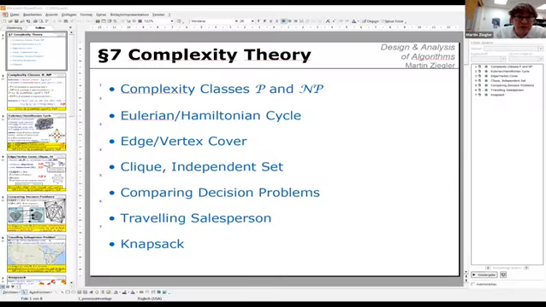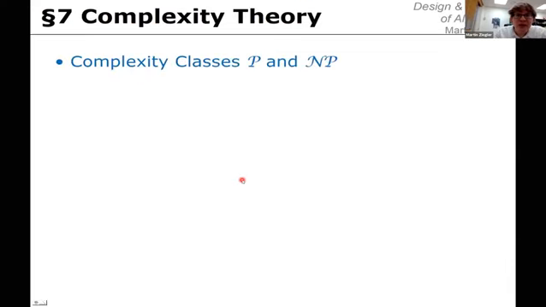So let me resume the lecture slides. We are talking about chapter 7 on computational complexity theory. In this chapter, we will recall the complexity classes P and NP of decision problems.